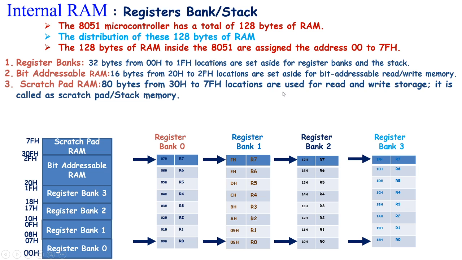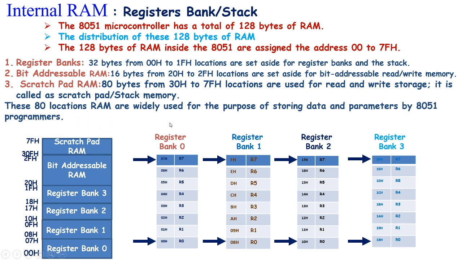This location is used as read-write storage, or we name it stack memory, the remaining one. So these are the total 80 locations of random access memory, widely used for storing data and parameters by 8051 programmers. So this is the internal RAM and its addressing structure.